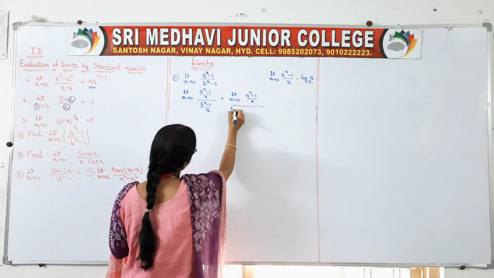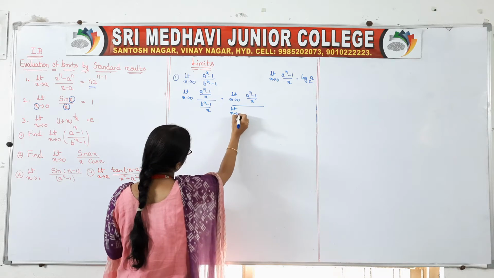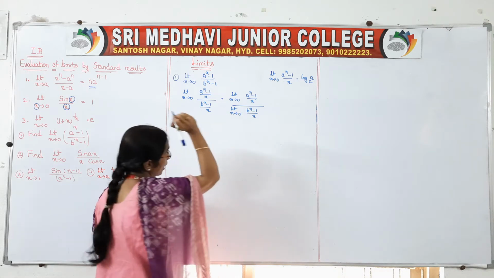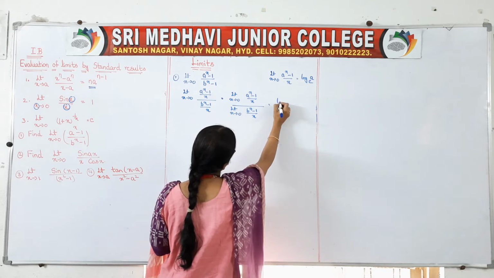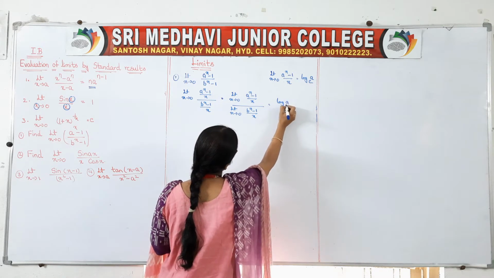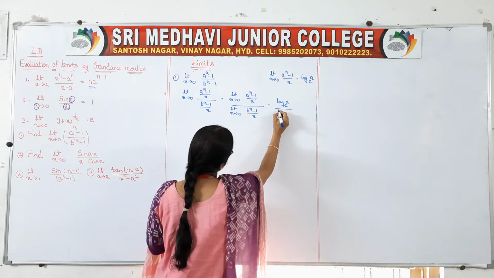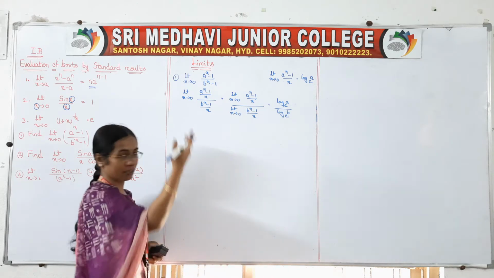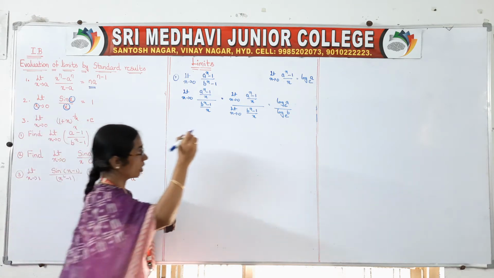Similarly, you take the limit for g of x also, b to the power of x minus 1 by x. So this is nothing but log b base e, by applying that formula.